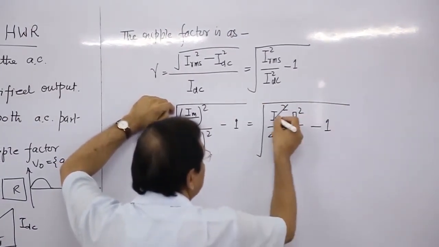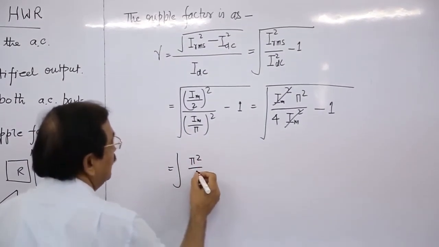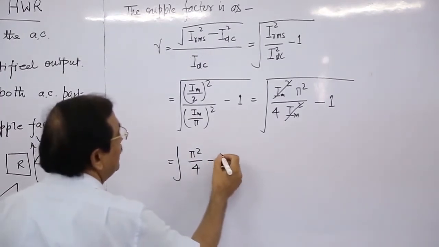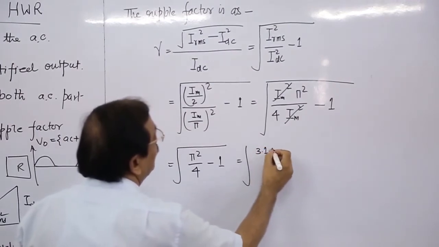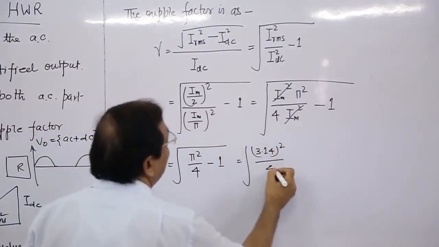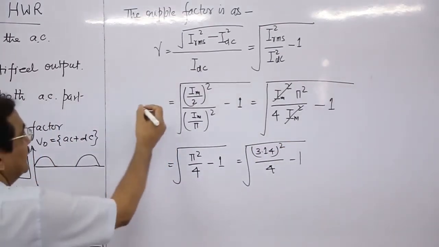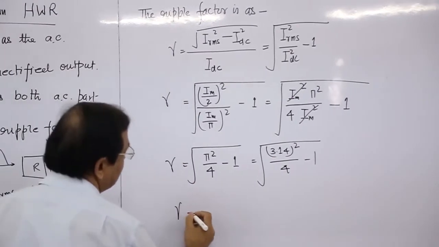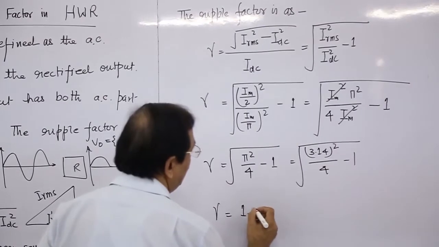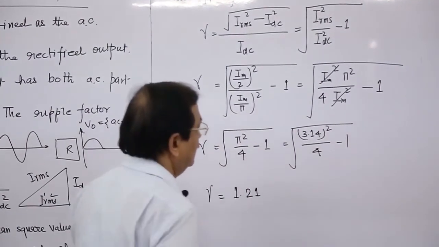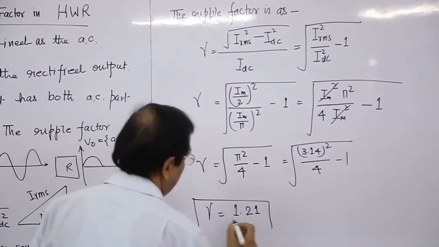So, this Im square cancels, we have pi square minus 4, pi square divided by 4 minus 1, and this pi square is 3.14 whole square upon 4 minus 1, and this gamma is 1.21 ripple factor.